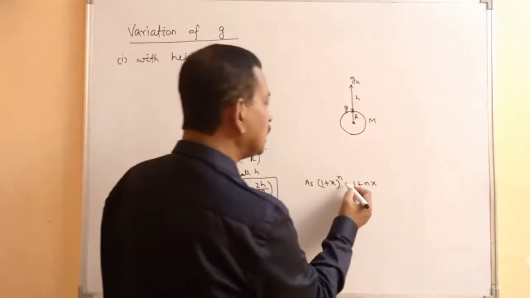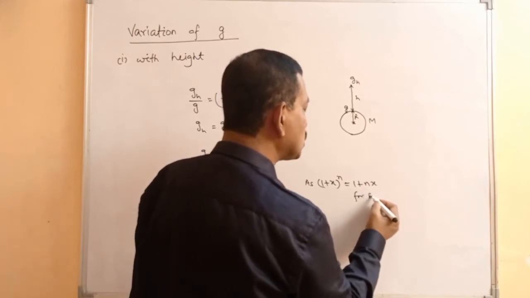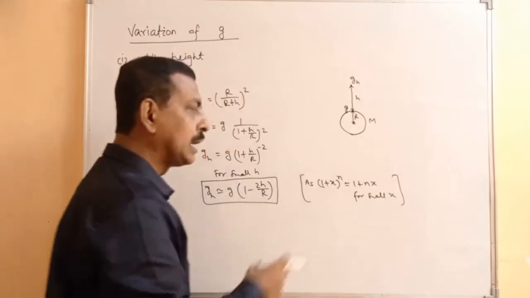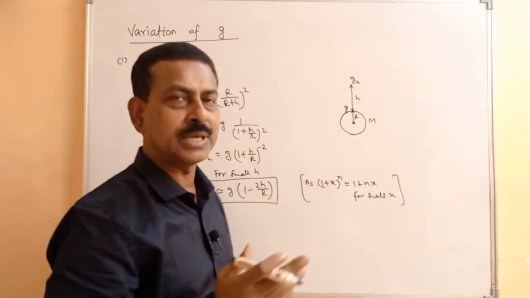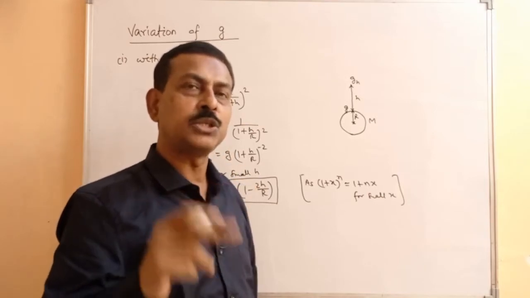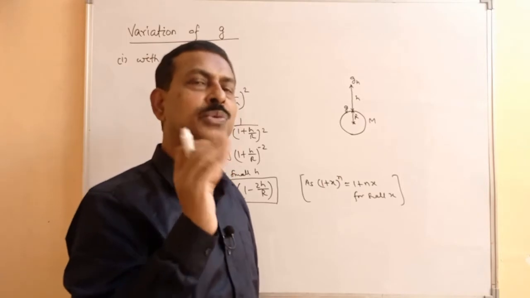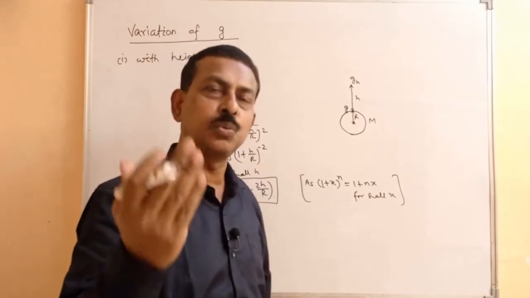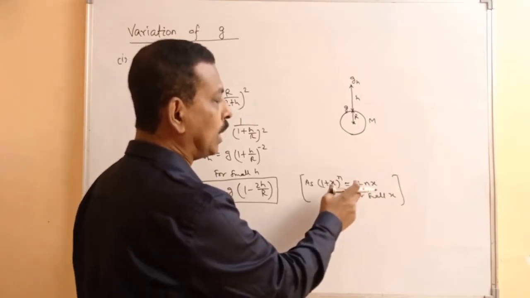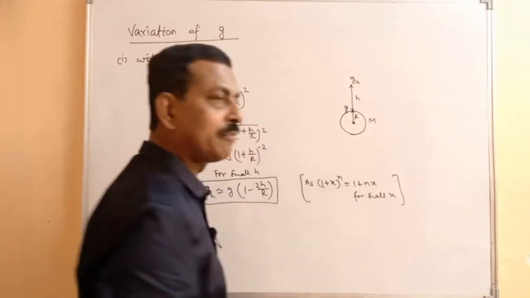So this is nearly equal to 1 plus nx for a small x. Otherwise, in the actual expansion you get 1 plus nx plus n into (n minus 1) by 2 x square and higher powers. So if x is small, we can neglect the x square and x cube terms. Then it will be only 1 plus nx, but that is there only for a small value of x.